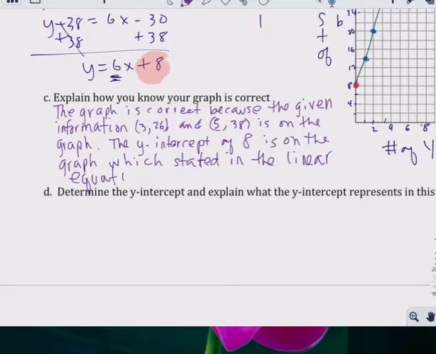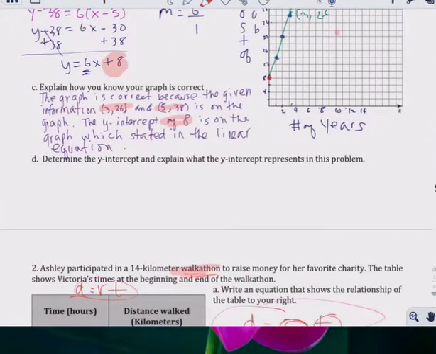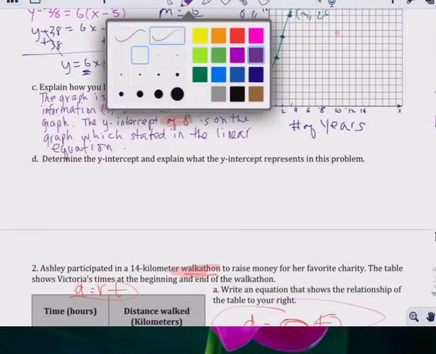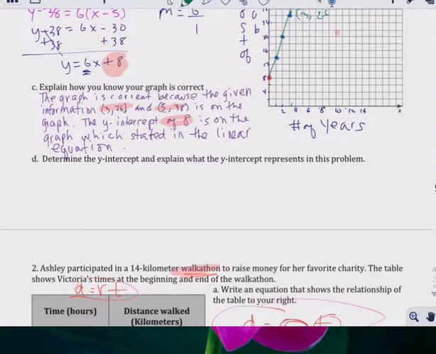Okay, you need to explain with examples written in there and not just because the graph looked right. More vocabulary words is nice: y-intercept, linear equation, given information.